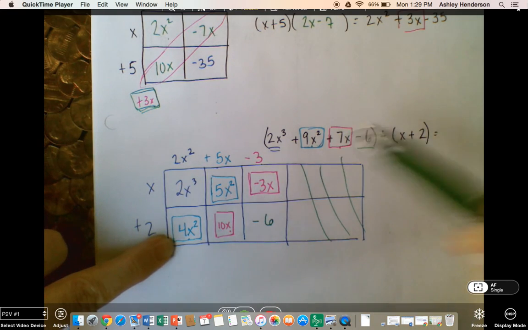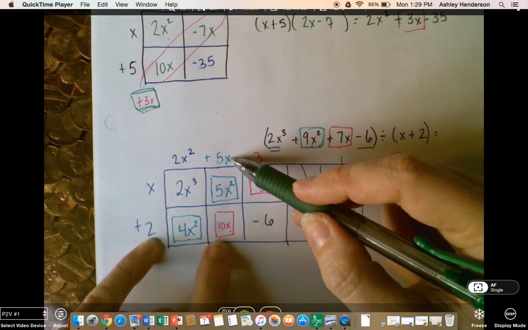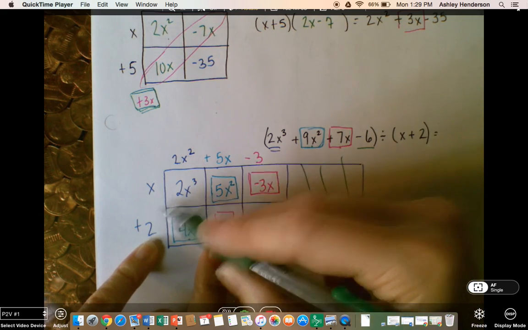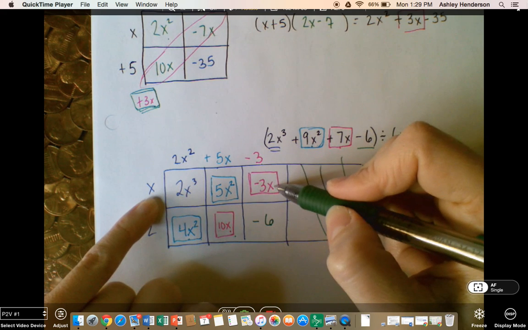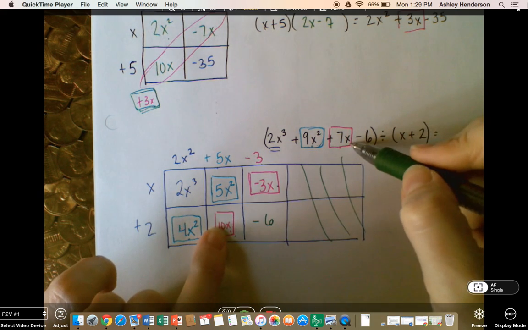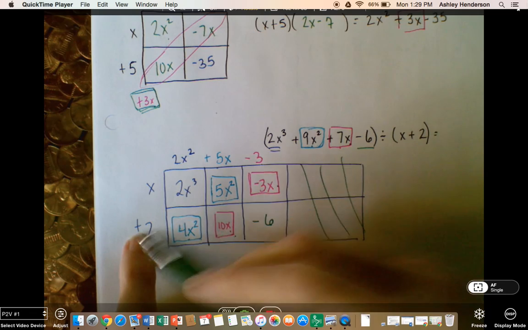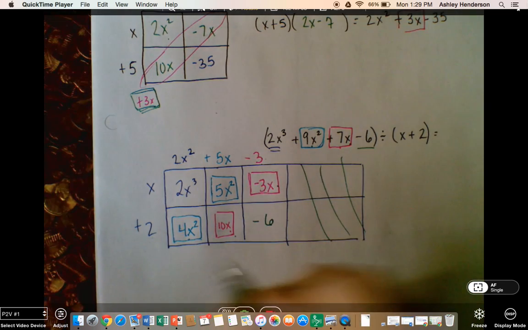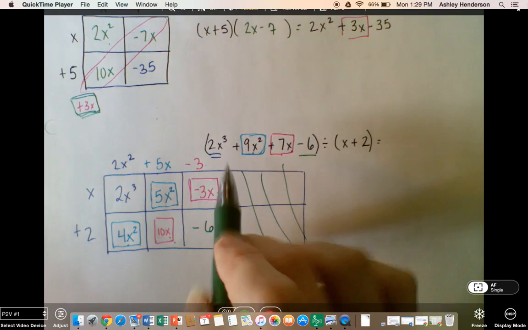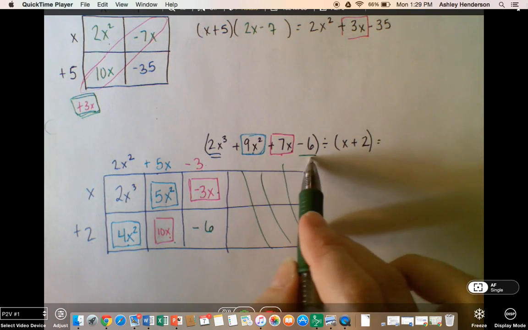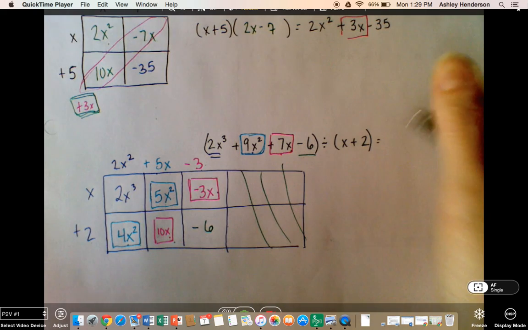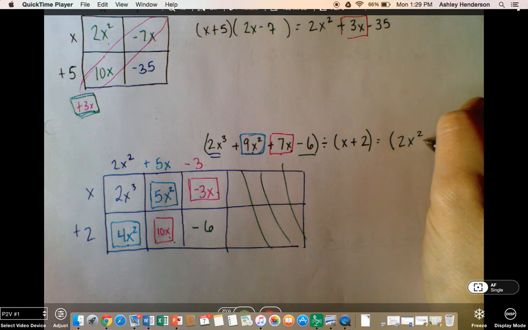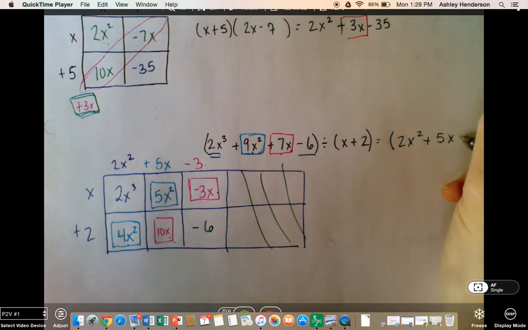Add them, I get 9x squared. 2 times 5 gives me 10x, and x times negative 3 is negative 3x. Does it add to give me 7? Yep. 2 times negative 3 gives me negative 6, so check. So I could say that this cubic divided by this linear is 2x squared plus 5x minus 3.